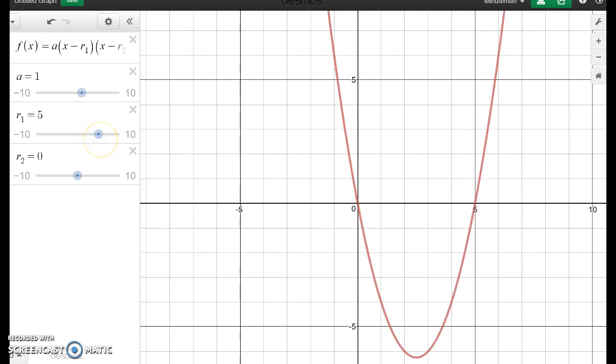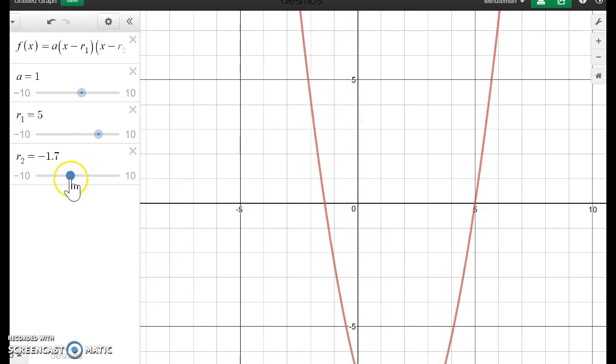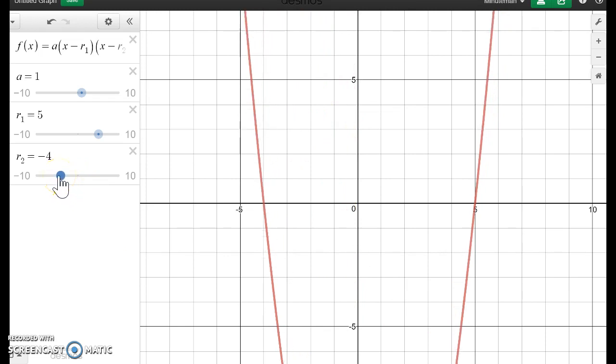If I just modify one of these values, r1, one of these roots up here, and I make it 5, you can see that one of the roots is now 5. And again, if I drag the other value, r2, and say I make it negative 4 in this case, I now have a root at negative 4.